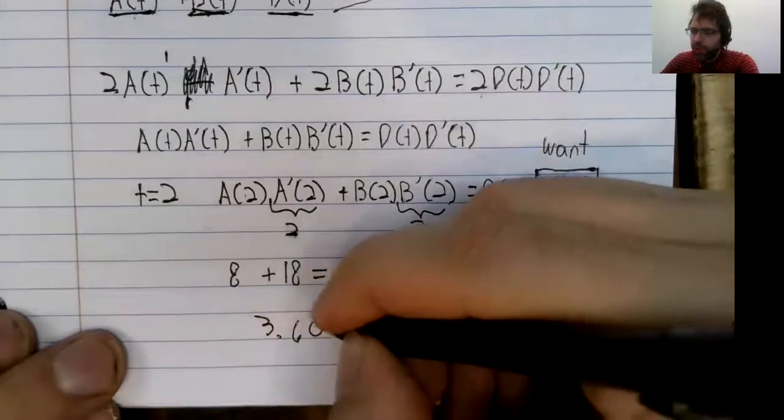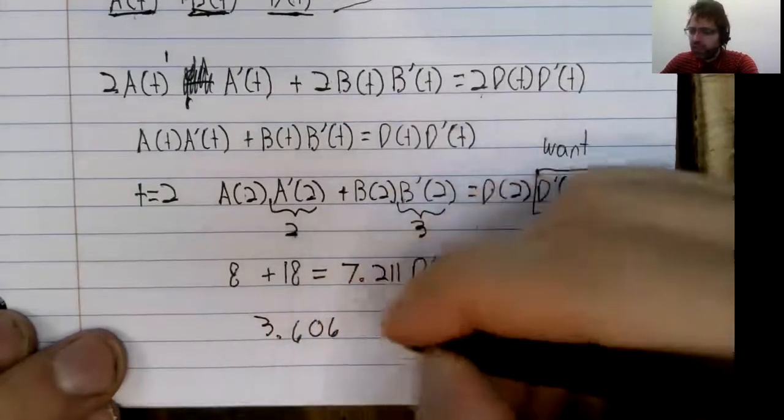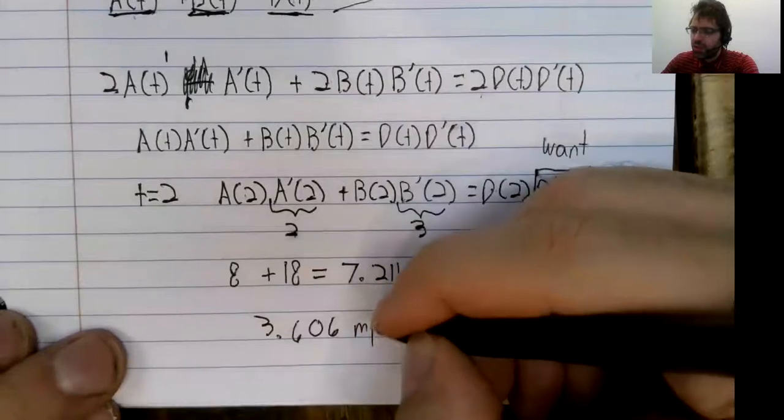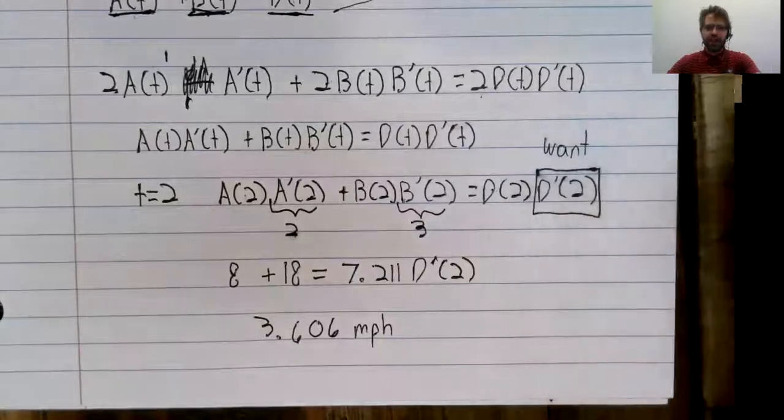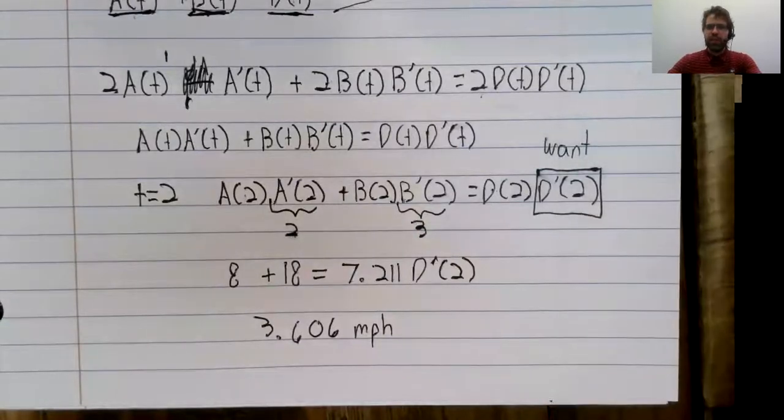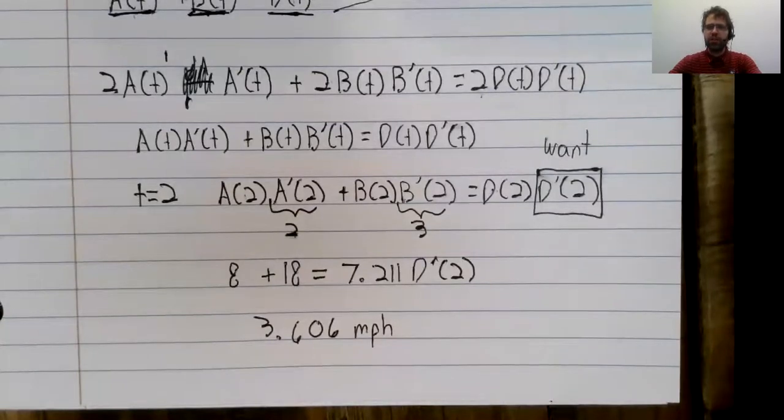About 3.606 miles per hour is the speed at which Alice and Bob are getting further away from each other.